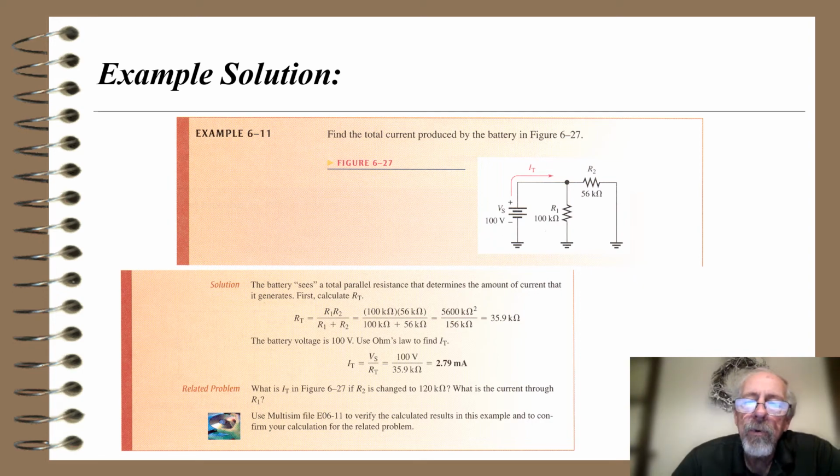Now, how could I find the current through either one of those resistors? I just use the voltage divided by the resistance. For R1, it would be 100 volts divided by 100K, which is 1 milliamp. Since the total current is 2.79 milliamps, the other 1.79 milliamps goes through R2. And of course, if I divide 100 volts by 56 K ohms, I get 1.79 milliamps.